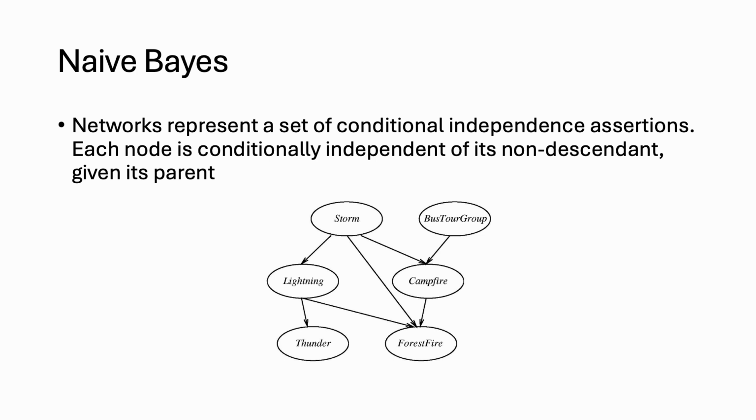So we have the Bayes network. If all the variables are not independent, we cannot use naive Bayes. Therefore, we have a network that represents a set of conditional independence assertions. Each node is conditionally independent of its non-descendants given its parents.